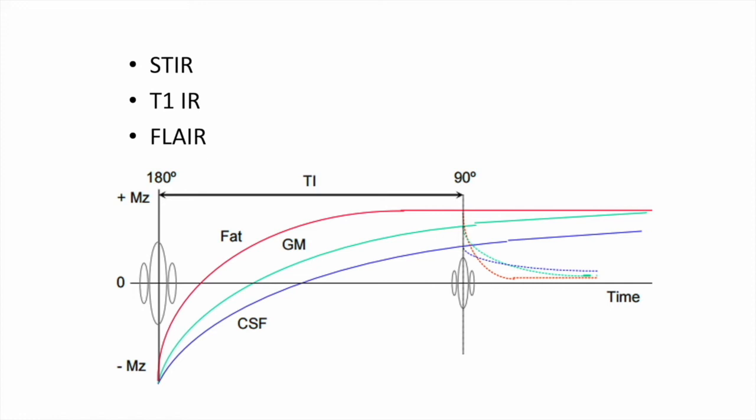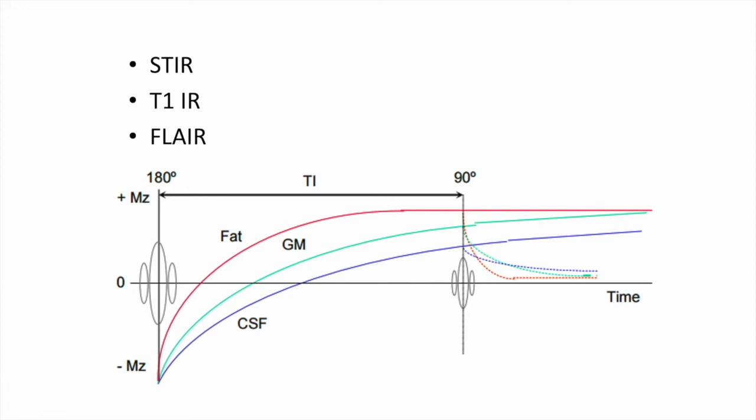This rate of regaining magnetization is a constant and is different for different tissues. So, if the 90-degree RF pulse is applied exactly at the point the magnetization of the protons of a tissue passes through zero, then no signal is produced from that tissue, resulting in its suppression.